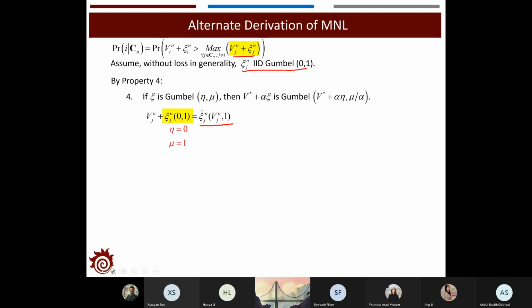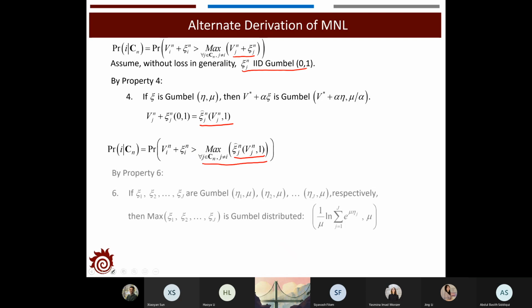And then we have this Gumbel distribution. We can use property 6 to find out the distribution for this maximum value. If all these j random variables follow a Gumbel distribution with the same value of mu, then the maximum of them is also a Gumbel distribution, and you can find out the value of eta, and the mu value will be the same.